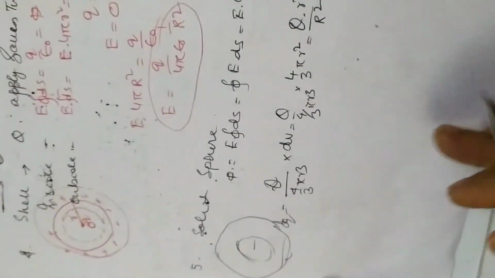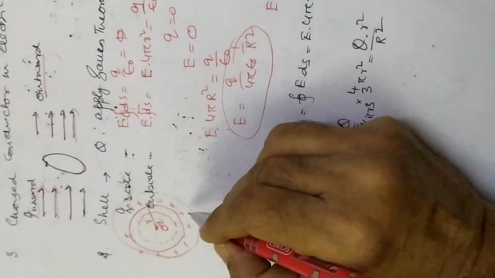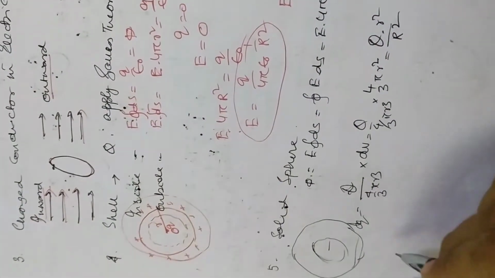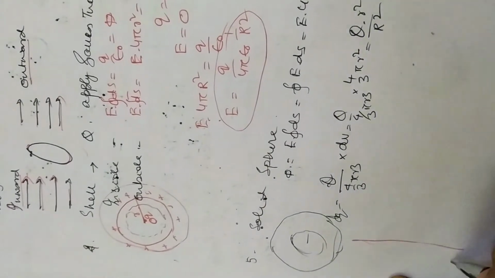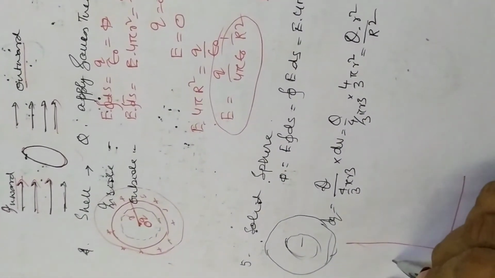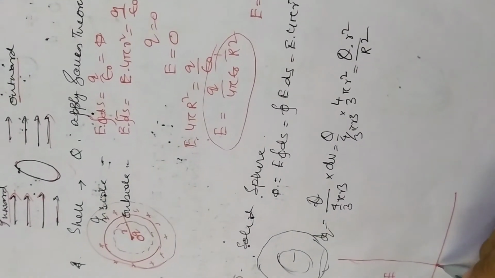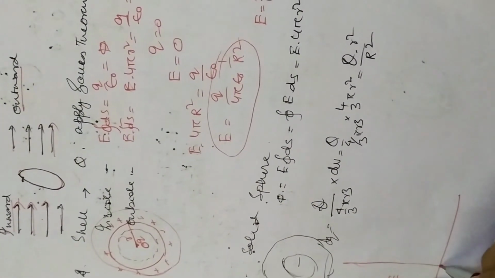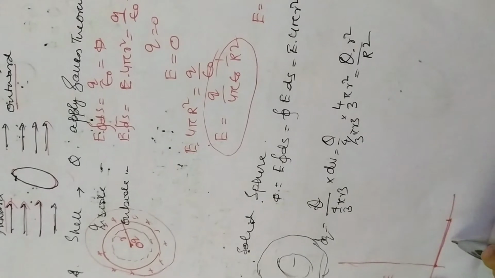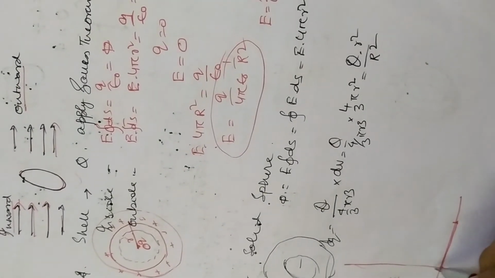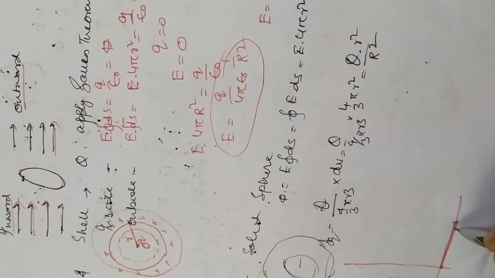We will take graph paper and plot these things. Suppose this is the electric field E, and this is the center of the sphere. From the center of the sphere up to the radius R, E is 0.